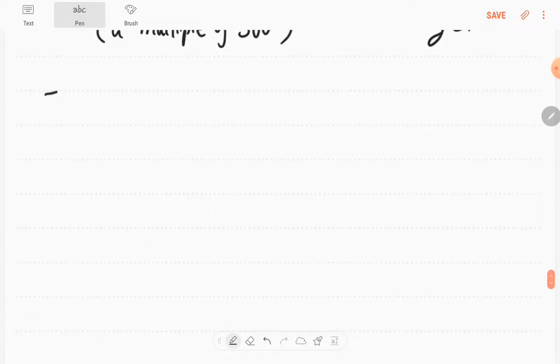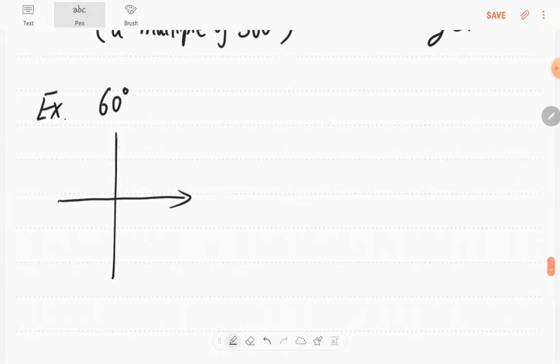So now let's look at the example. So if you have a 60 degree, so 60 degree is here. This is the 60 degree, which is less than 90 degree, but greater than 45 degree. Okay, how to find?